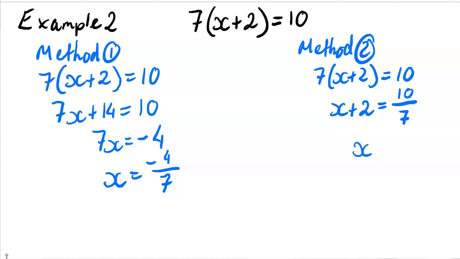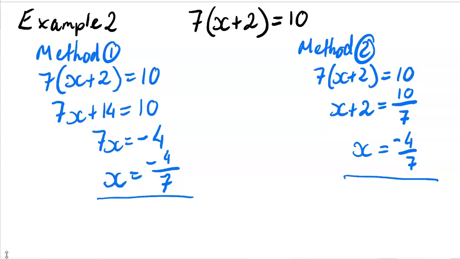So x equals 10 over 7, take away 2. I'm going to get my calculator. And so 10 over 7, take away 2, gives me negative 4 on 7. Now you can see, once again, we ended up with the exact same answer.